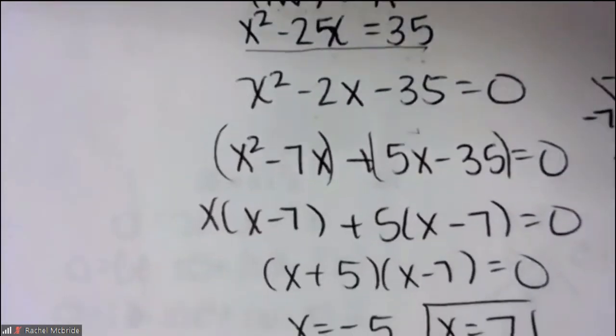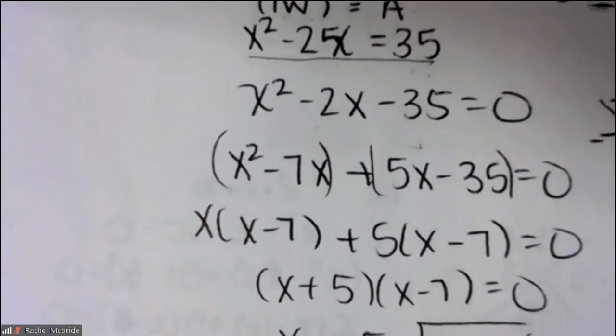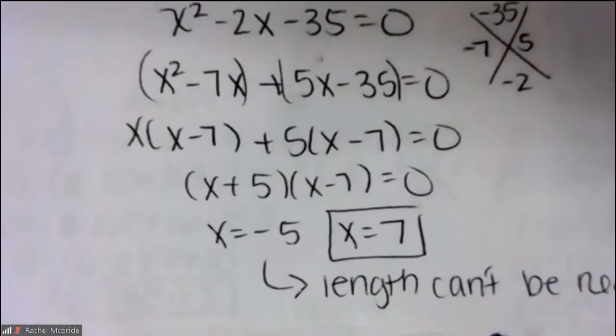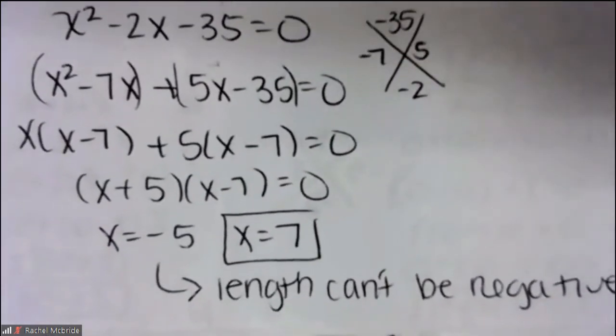So in factored form, I got x plus 5 and x minus 7. And then when you solve them, you got x equals negative 5 and x equals 7. But can we have a negative length for an area of a rectangle? No. So x equals 7 is the only solution.